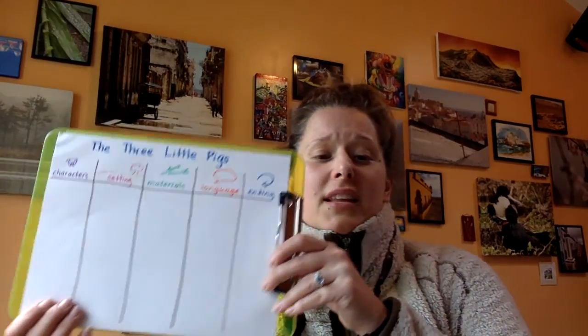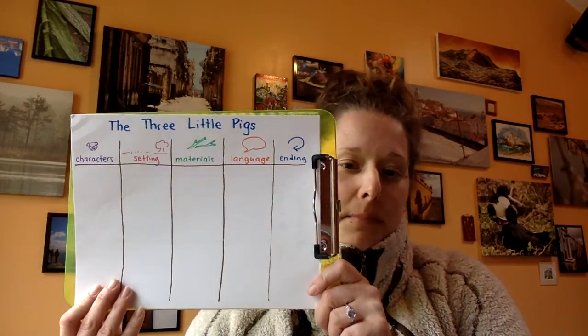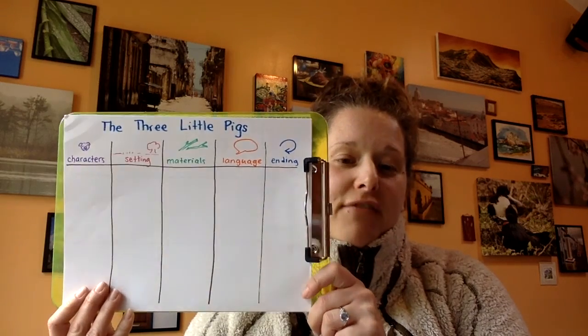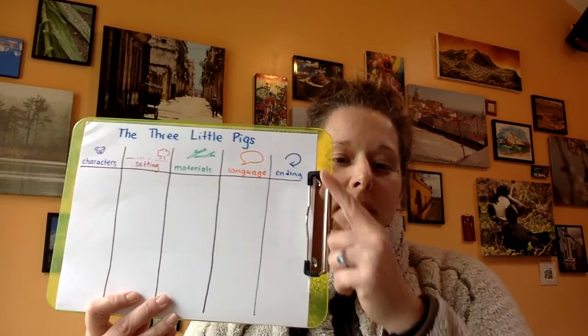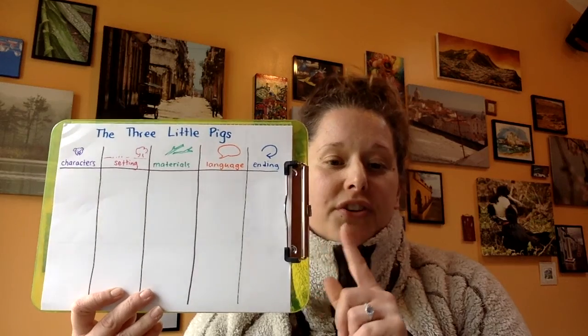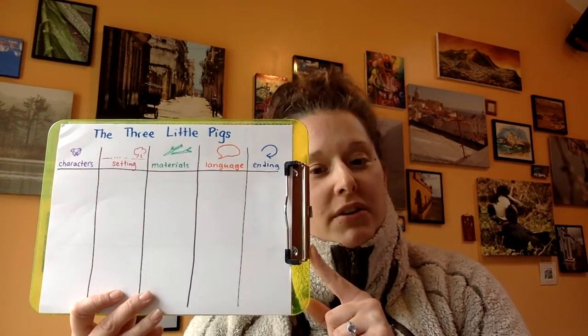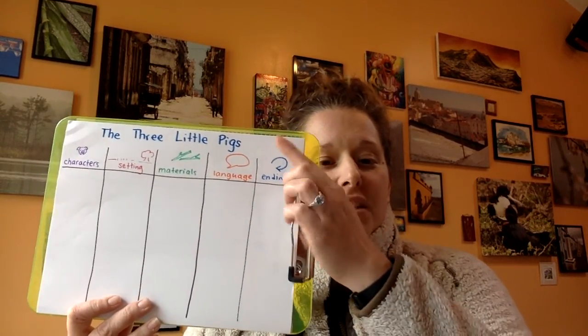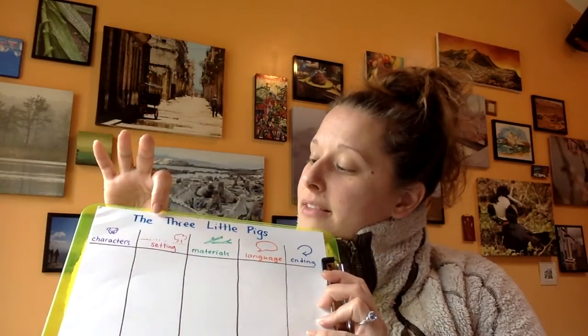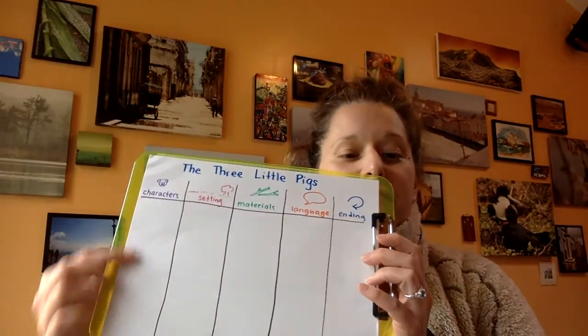So you're going to want something that looks kind of like this. It's 5 parts so that we can record about each book how the author changed the story from the original version. So at the top it says, the 3 little pigs, and then I've made 5 columns.